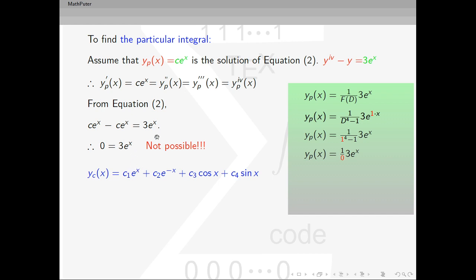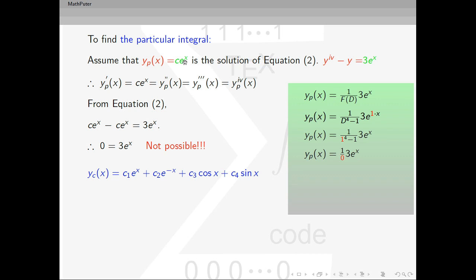So this e raised to x is the right hand side e raised to x. Right. So the right hand side is part of the complementary solution. Whenever this situation occurs, the same right hand side will not be our assumption. As we know that in the final solution, yc(x) plus yp(x), all the functions must be different. But here the function e raised to x is part of this. That's why this assumption is not working here.